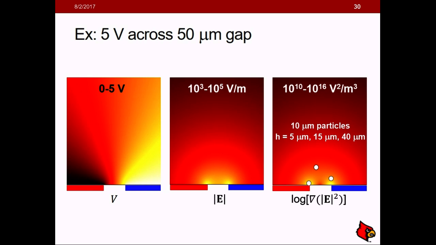One of them is resting on the surface, so its center is 5 micrometers above, so we'll say it's resting next to that electrode. You have another one that is one diameter off the surface, so a center to plate height of 15 micrometers, and another one that is 40 micrometers, so just a little over another diameter and a half away.